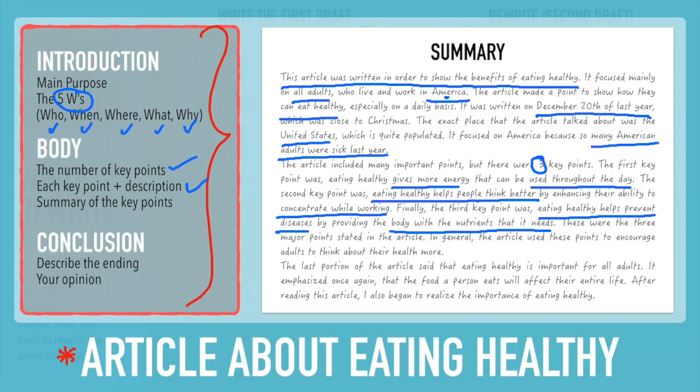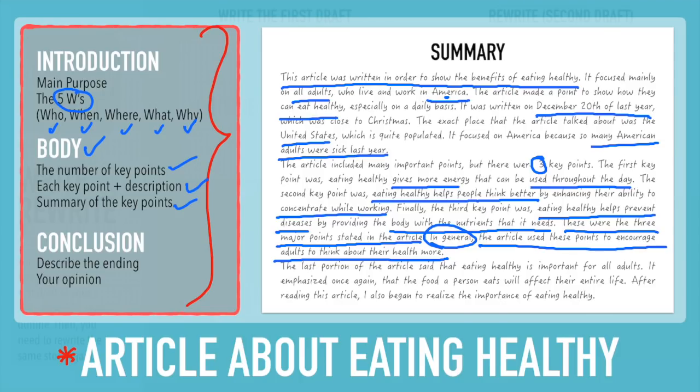Now the summary of the key points. These were the 3 key points or major points stated in the article. Done. But I also added, in general, the article used these points to encourage adults to think about their health more. Great. Now this is done as well. Now finally, the conclusion. Describe the ending and your opinion. So I said, the last portion of the article said that eating healthy is important for all adults.